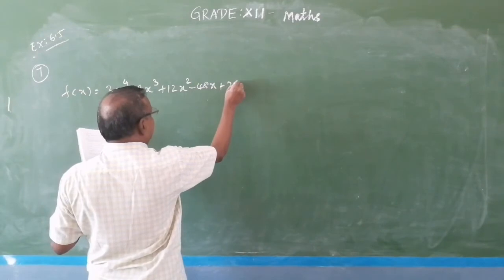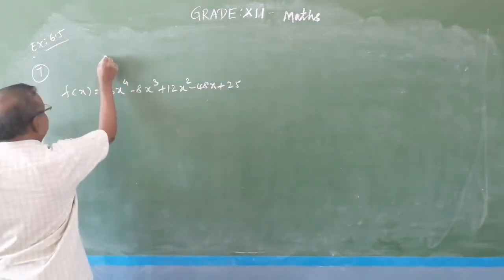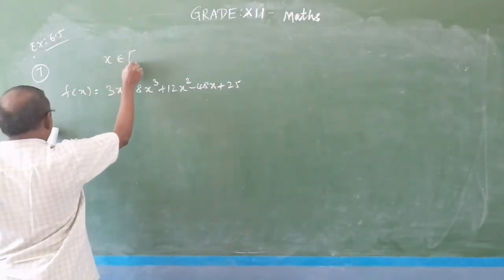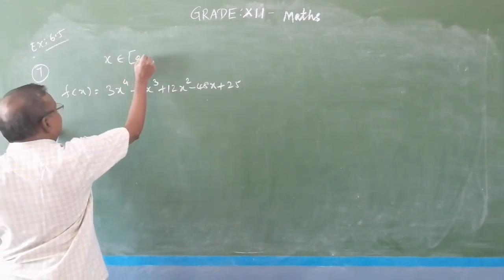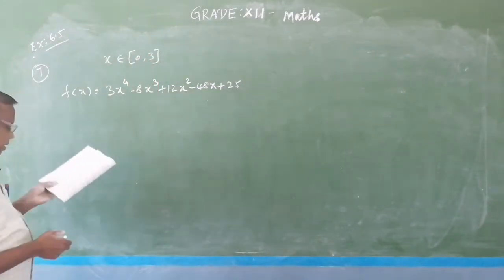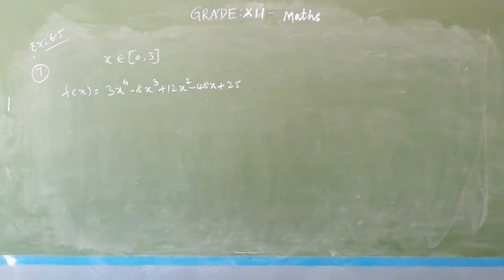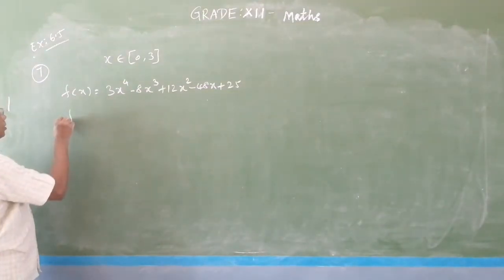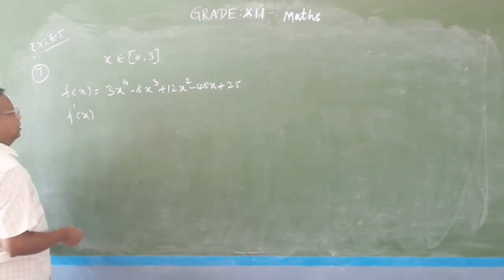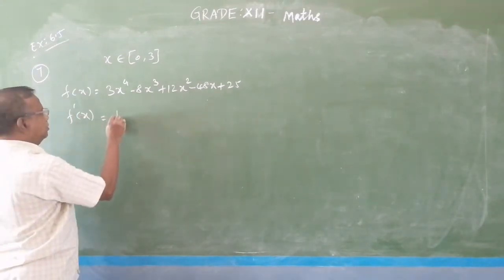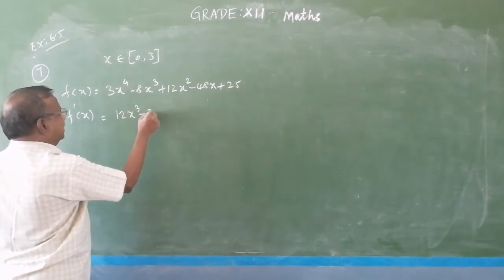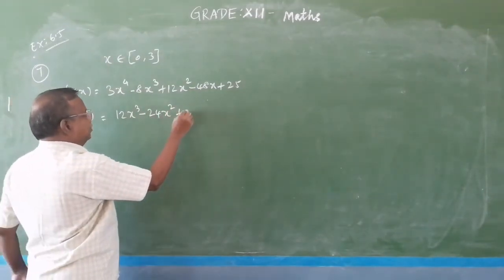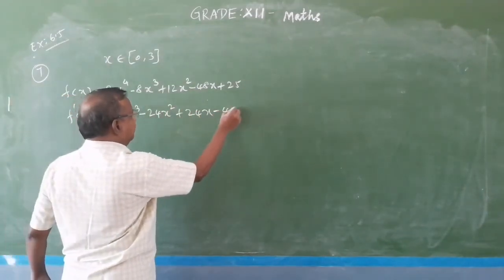We are given x belongs to the closed interval 0, 3. Now, according to the working rule, differentiate once, that is f dash of x equal to 12x cube minus 24x square plus 24x minus 48.